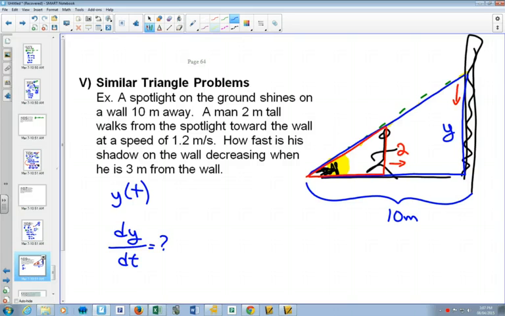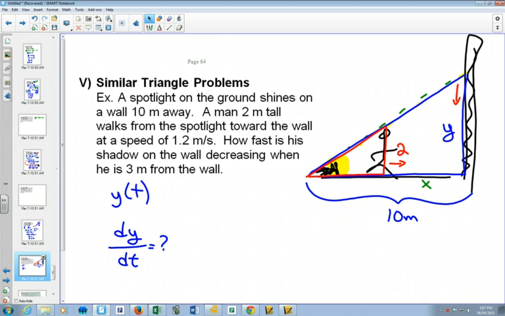We have to decide what we're going to make our x. And we have two options here. We can either make our x represent the distance from the spotlight to the person, or we can make our x the distance from the person to the wall. Whatever we decide, the other space will be 10 minus x.